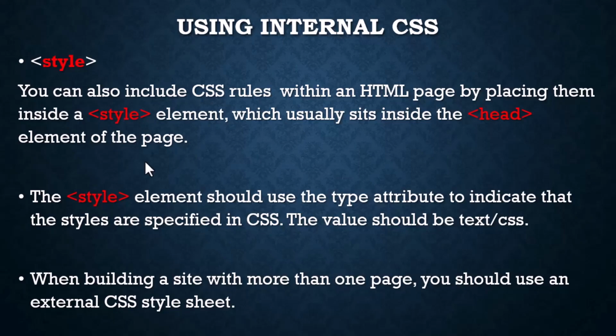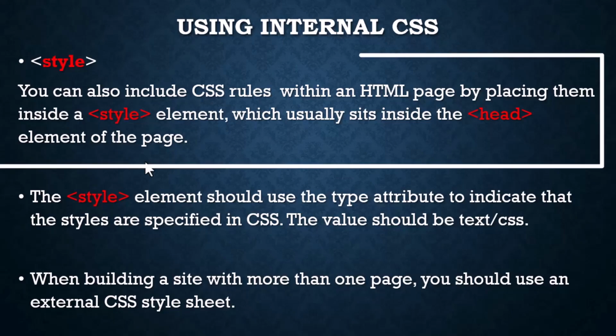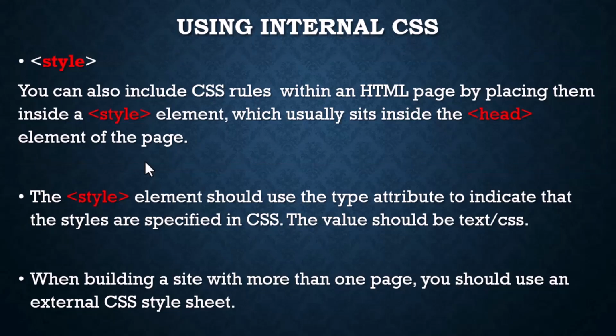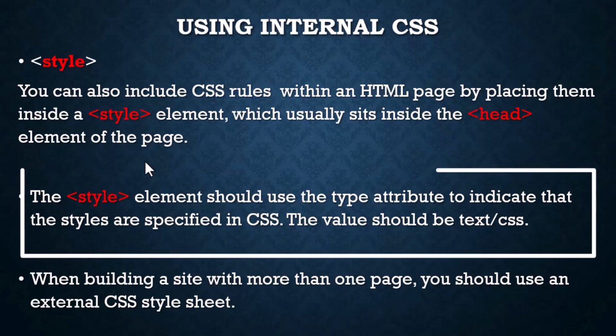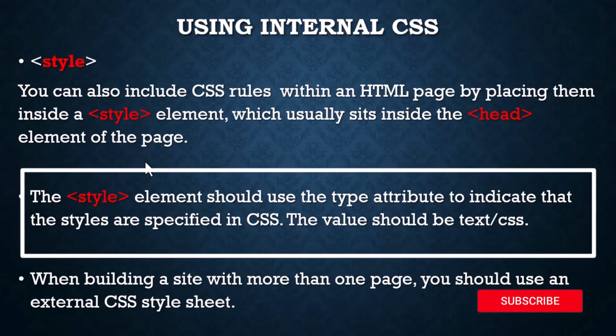But this should be stated in the what? In the head element of the page. Okay, it should sit in the head element of the page. It shouldn't be at the bottom under the body. It should be in the head. The style element should also use a type of text/CSS.